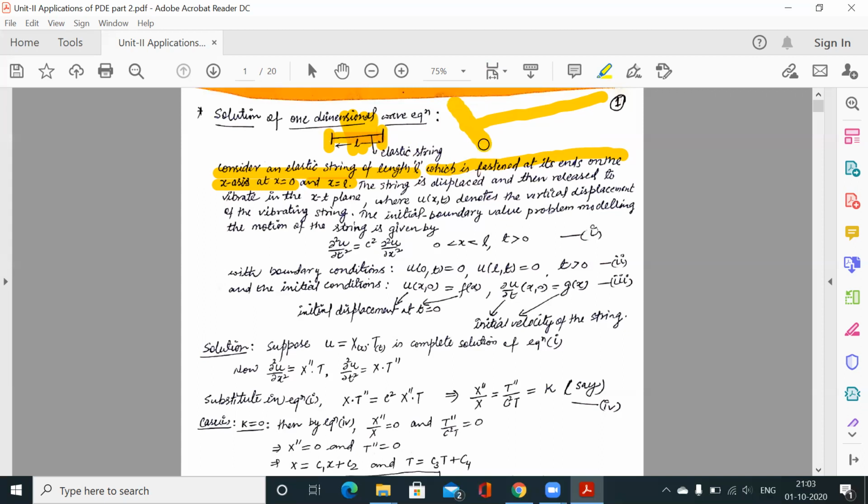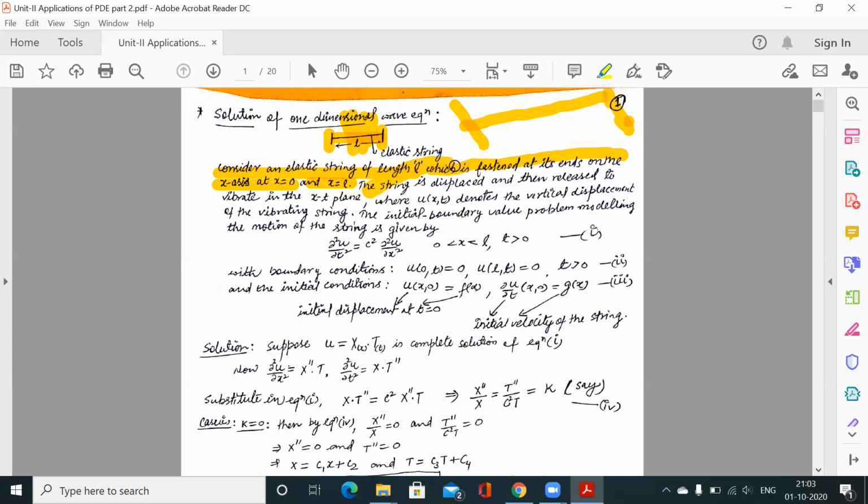This is one end, x equals 0, and this is another end, x equals L, because the string is of length L. So it is fixed at both ends, at x equals 0 and x equals L.